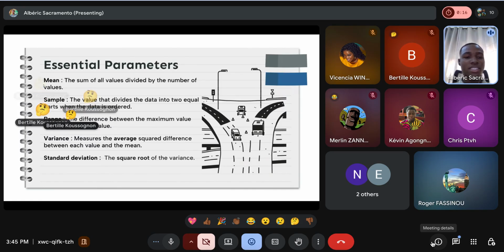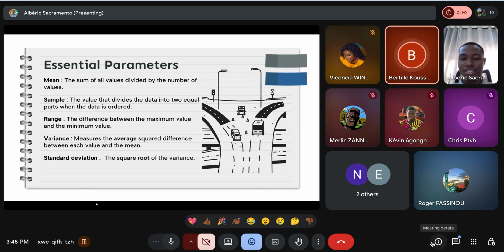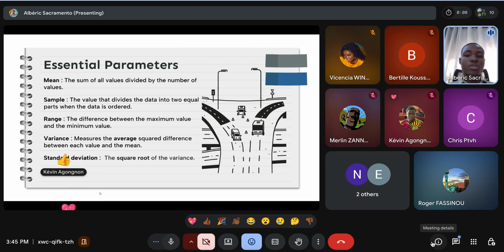I said the simple here is a value that divides the data into two equal parts when the data is ordered. The right word here is median. It's not simple, it's median.